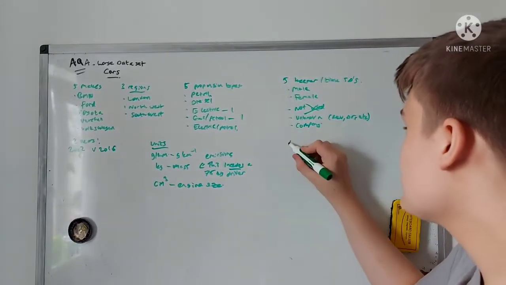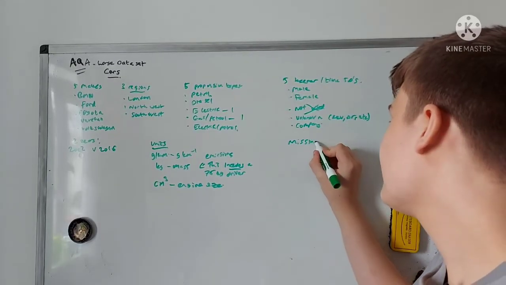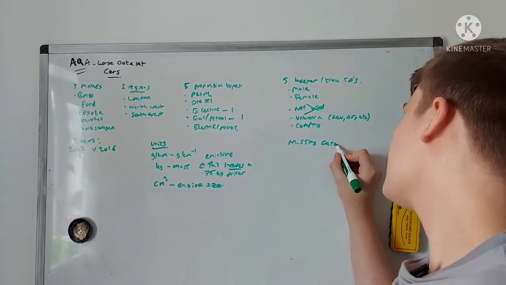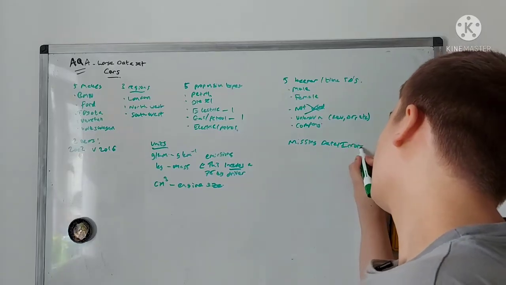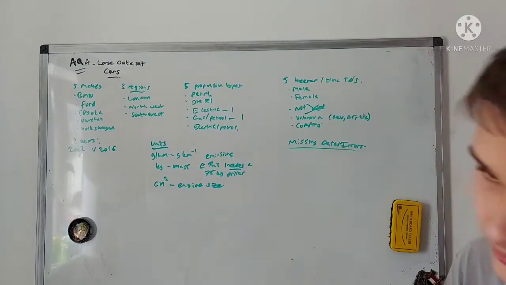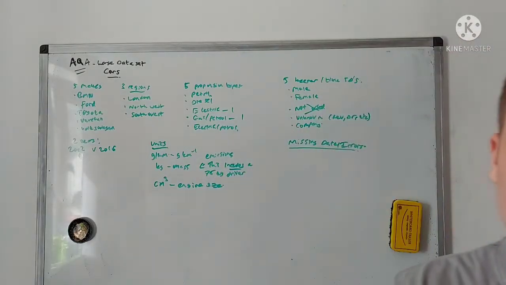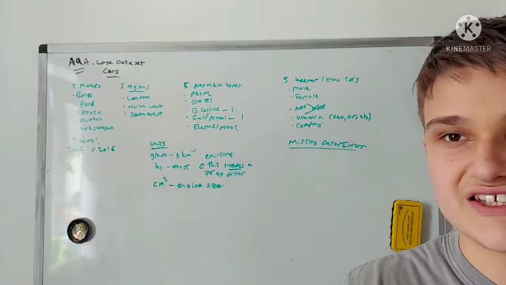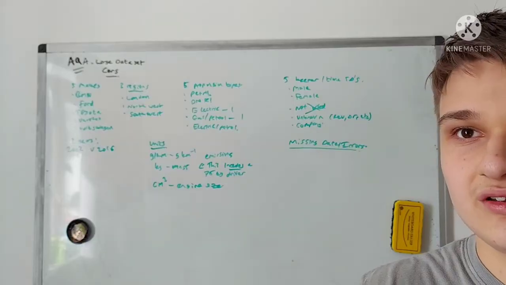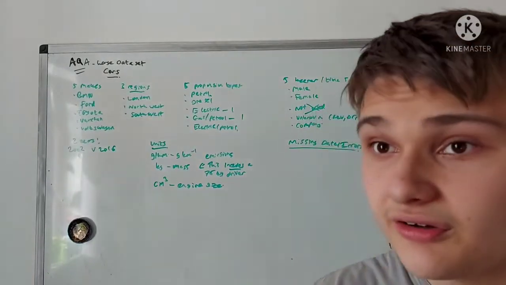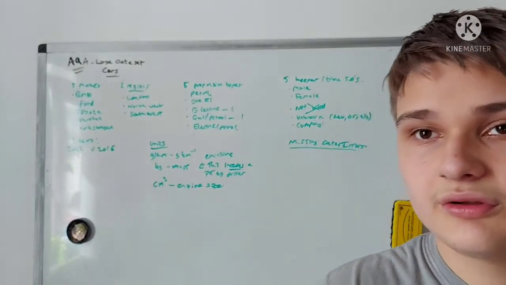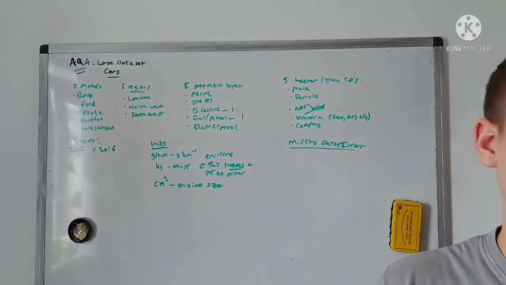The last thing is missing data and errors. There might be errors in the data set; someone might have put in the wrong type, or it happens. So there might be the odd missing error.